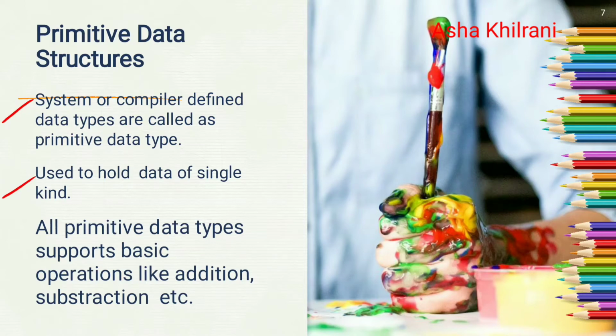These are used to hold data of a single kind. You can store a single data value in this data structure. You cannot store multiple data values in primitive data structures. All primitive data types support basic operations like addition, subtraction, multiplication.